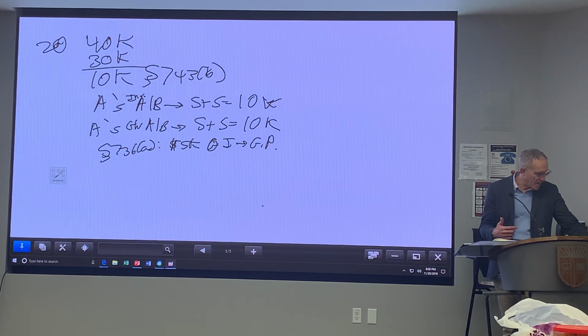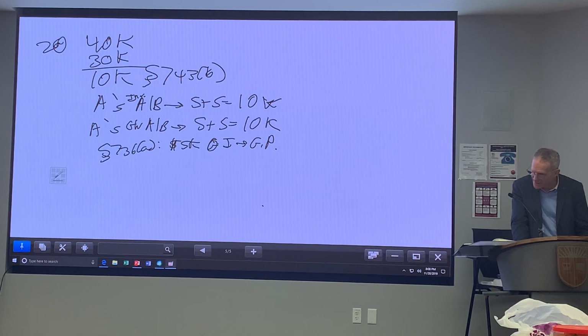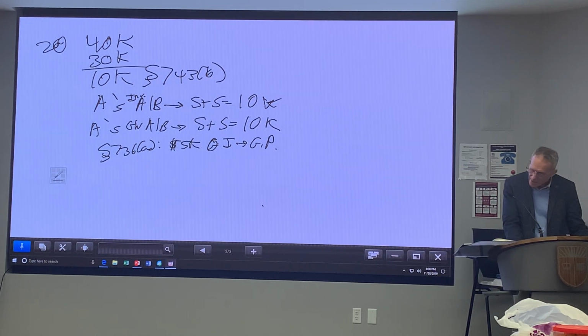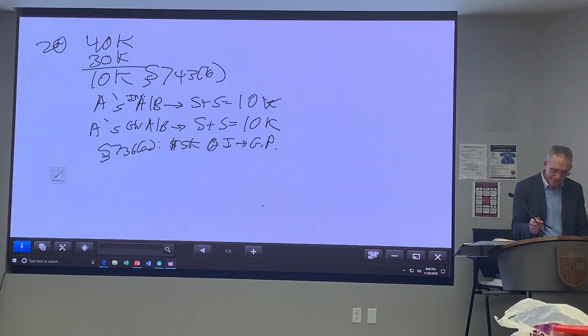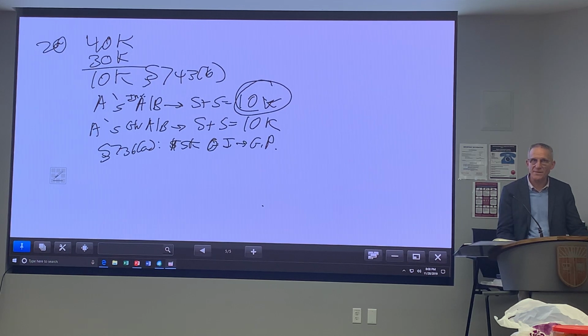What are we going to do here, Kevin? Give him what he doesn't want. We're going to give him inventory. How much inventory? $10,000 worth of inventory, with a basis of how much? Well, there's a 754 election in effect, so what's the basis now of his share of the inventory? 10.